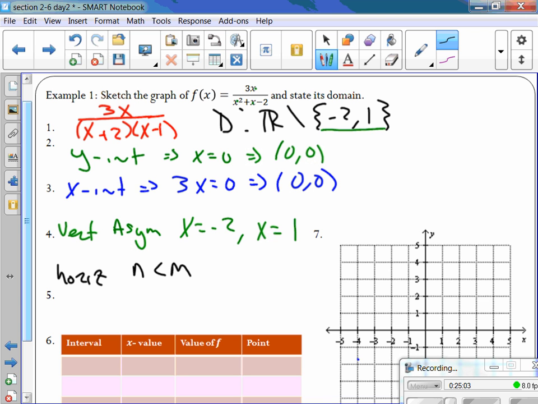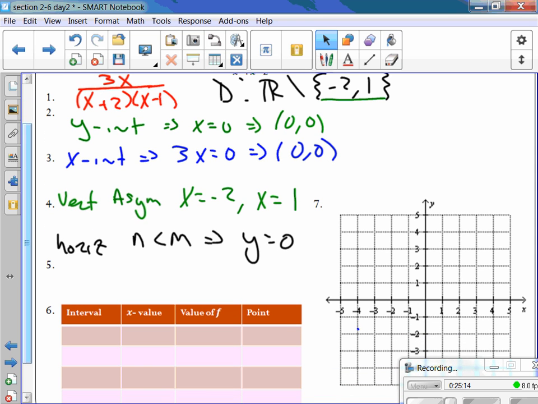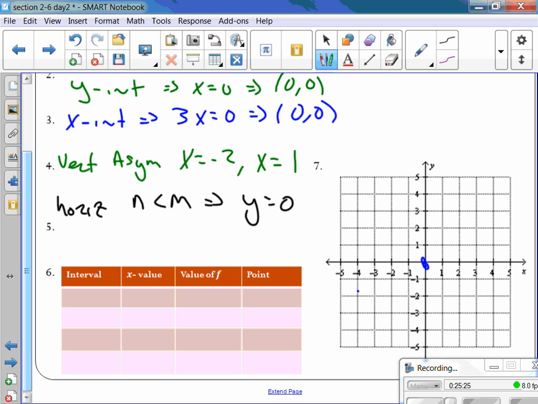So if we were to plot these, we have the point (0, 0). And then we also have vertical asymptotes at x equals -2 and x equals 1. And right there at the x-axis for my horizontal. Is that enough information to graph? No, not at all. So, once again, using my x-intercepts and my vertical asymptotes.